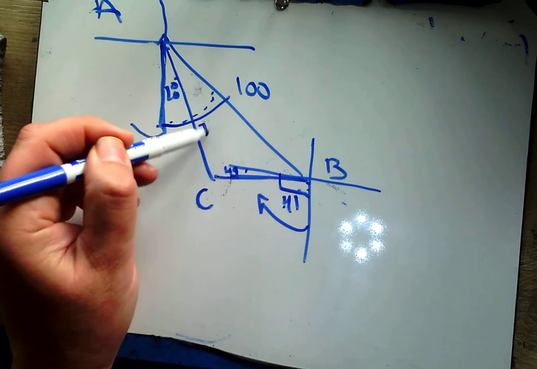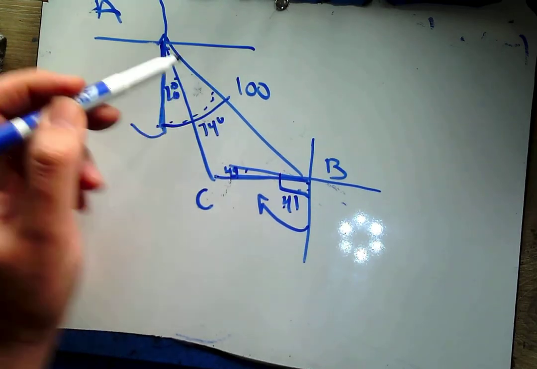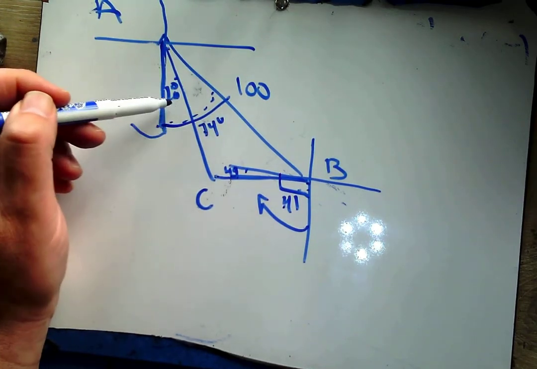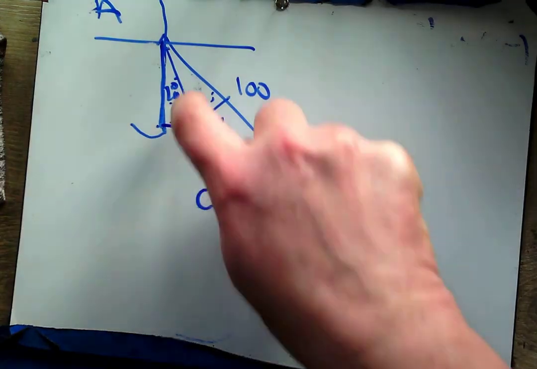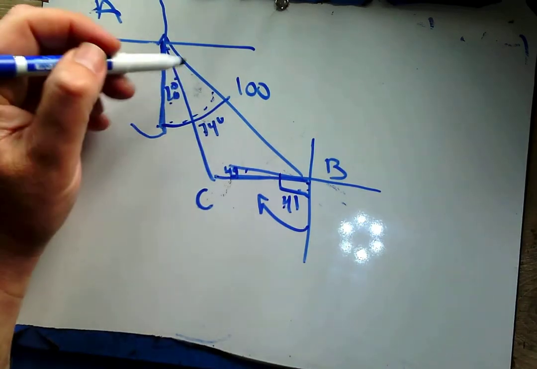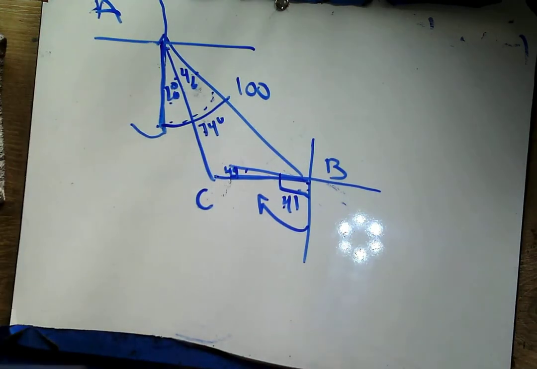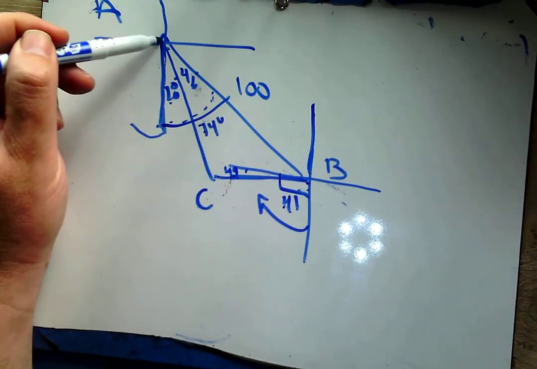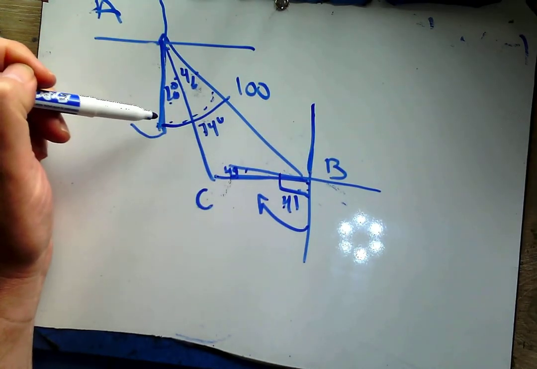They say that's 74. So I can do 74 minus 28 to find this angle here. So let's see what that'll be. 74 minus 28, and that's 46. Okay, so now I know that that's 46, and oh, guess what? This is parallel to that.